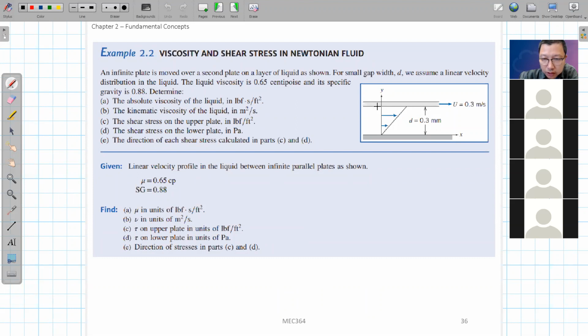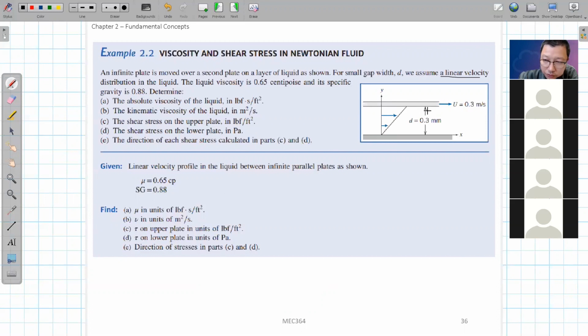It's the same thing, okay? There is fluid between two plates, and the top plate suddenly moves with a constant velocity U of 0.3 meter per second, and we know that the velocity distribution is linear. That means that at the bottom u will be 0, at the top u equals 0.3 meter per second, and in the middle of the fluid the velocity distribution will be a straight line.